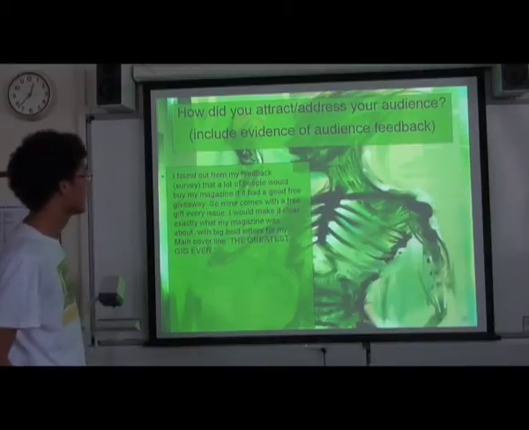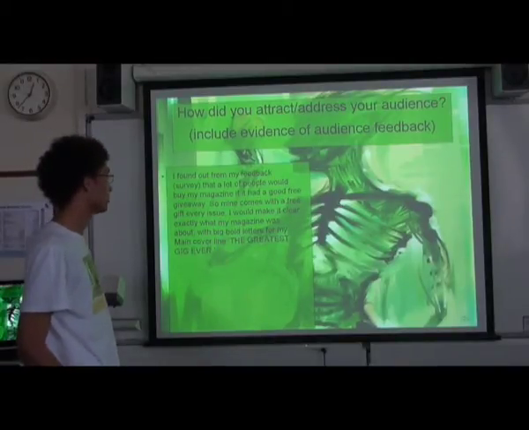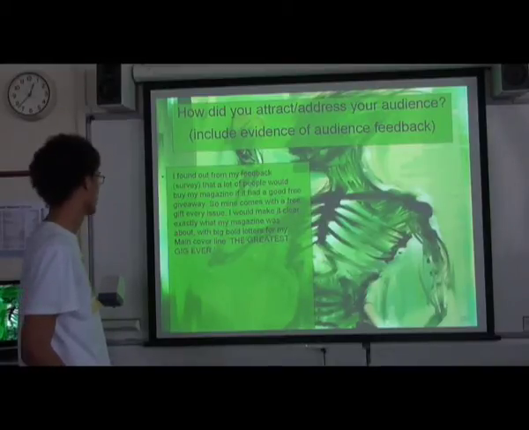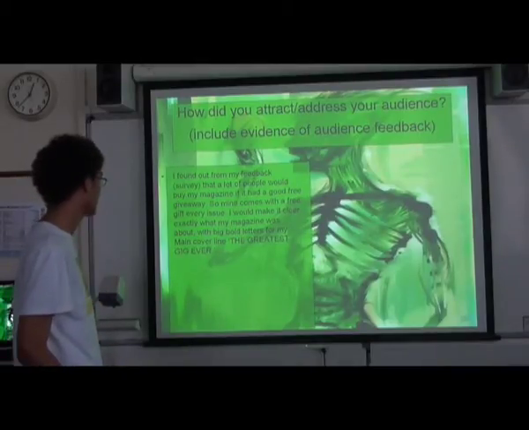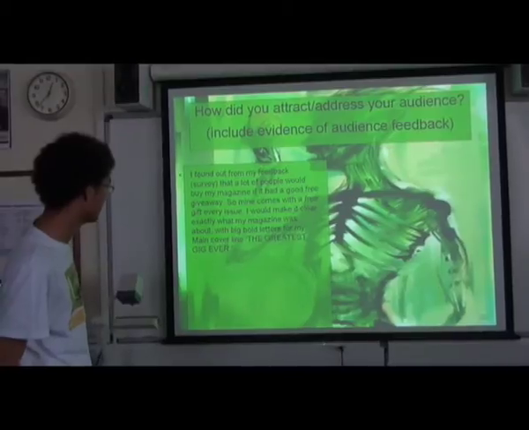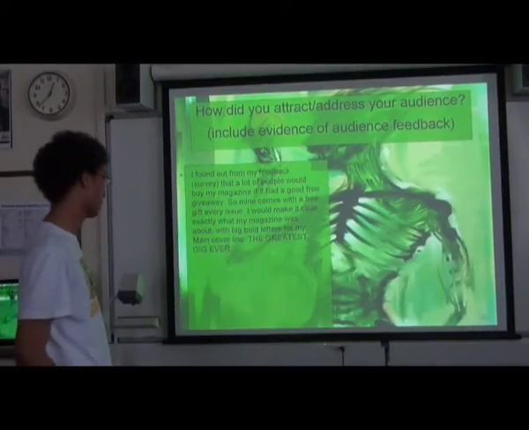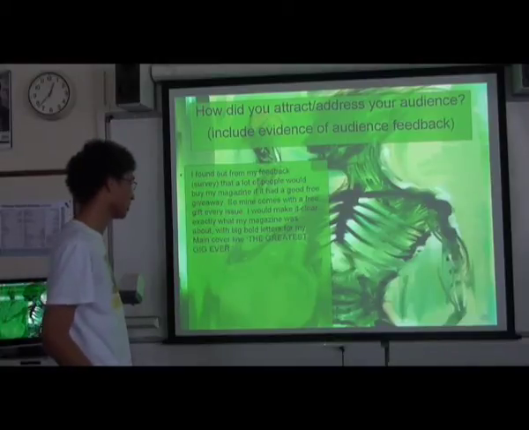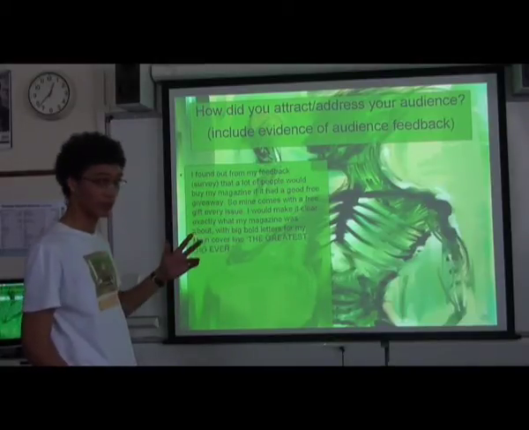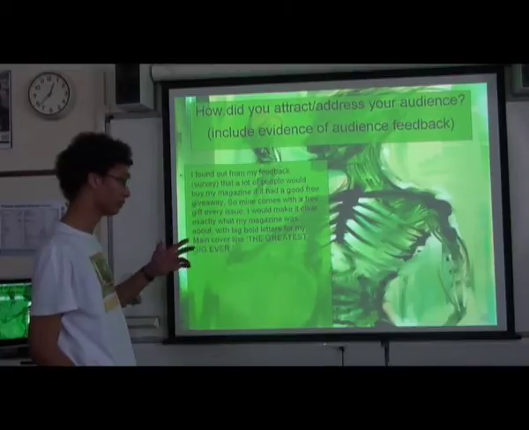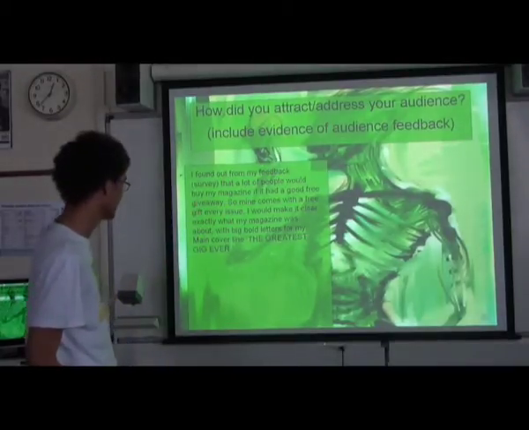How did you address your audience? Include evidence of audience feedback. I found out from my survey on SurveyMonkey that a lot of people would buy my magazine if it had a good free gift, so I went ahead and that will be with every issue from now on, because it's the majority vote and sounds like a good idea.